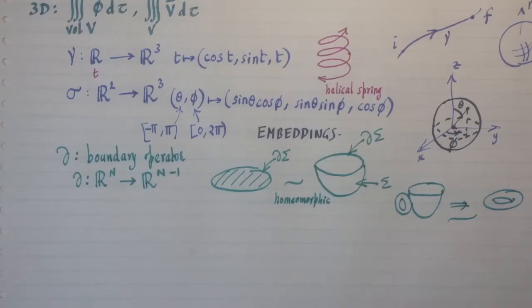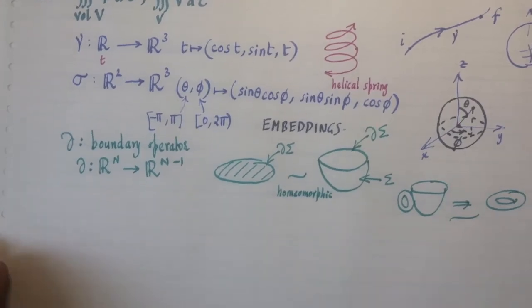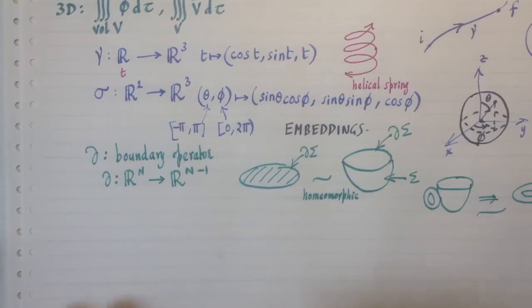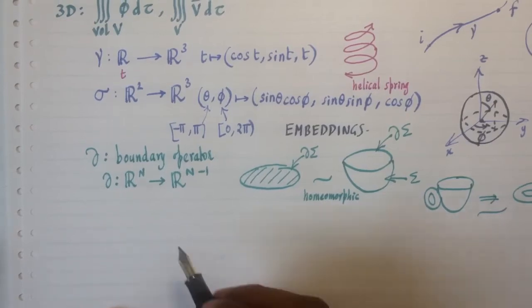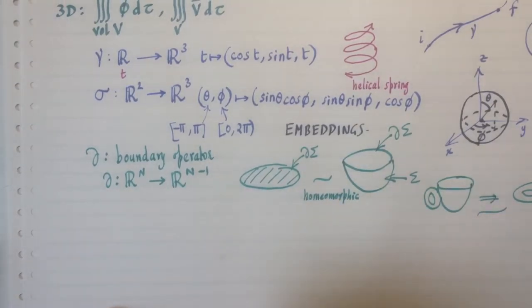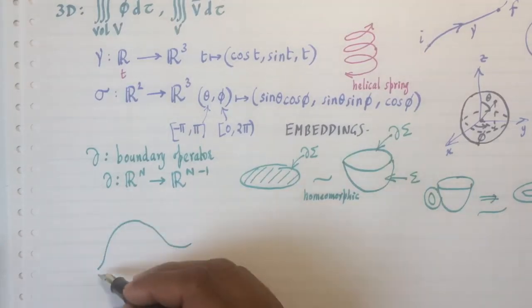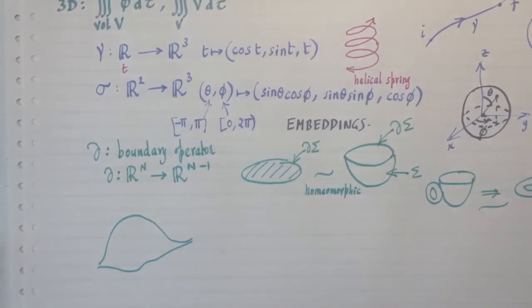So once you have the boundary operator, you can do some interesting things. And one thing you can do is to define the orientation of a surface. Let's take some surface. It's just lying out there like a floppy hat. And we want to define what it means for this floppy hat to be oriented.